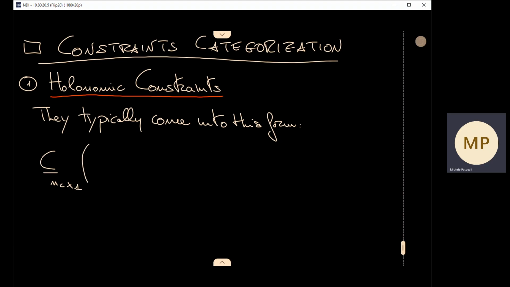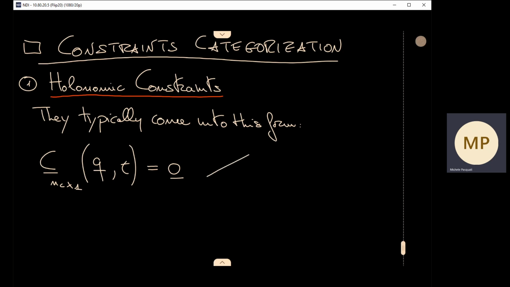A vector which is dependent on the q's, which are the generalized parameters or coordinates that we have already introduced, and typically time, equal to 0 vector. So what is this, in fact? This is a vector equation. It's a system, a way to write a system of nc scalar algebraic equations. That's a compact way to do that.